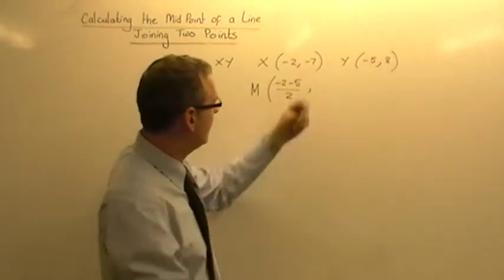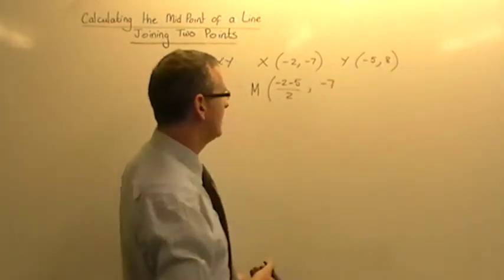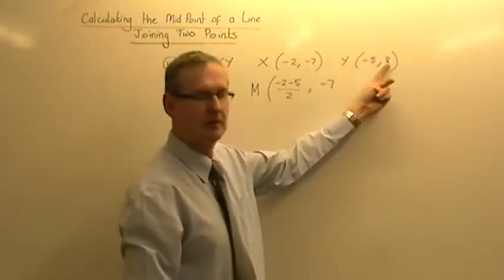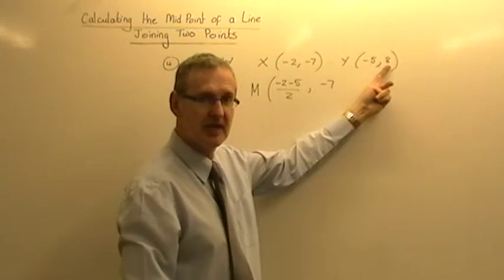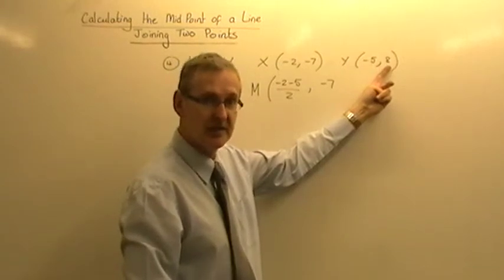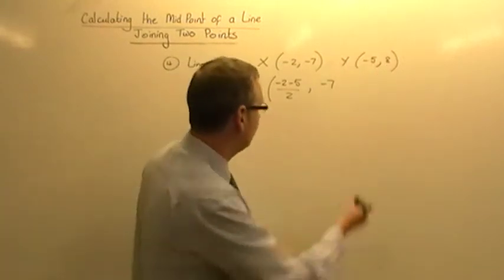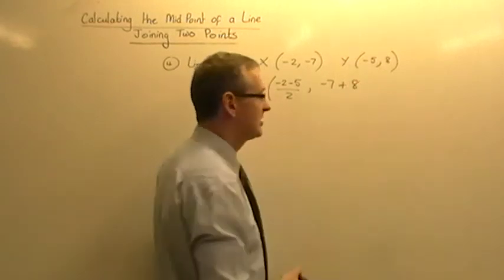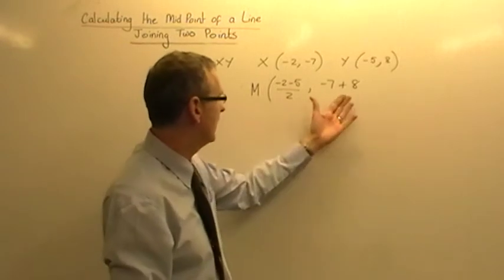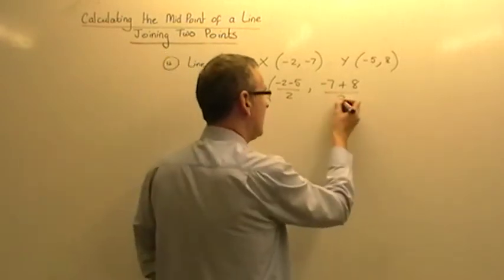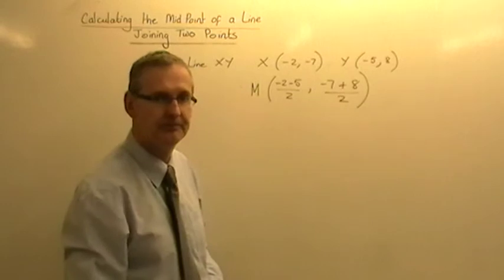Okay, next you take the -7, which is the y value of the first point, and you need to combine it with the y value of the second point. So you need to say -7 with that, which is a +8. Or if you like, -7 plus the 8. And that's the top line of the second part of the calculation. And you need to find their average, so you share by 2.